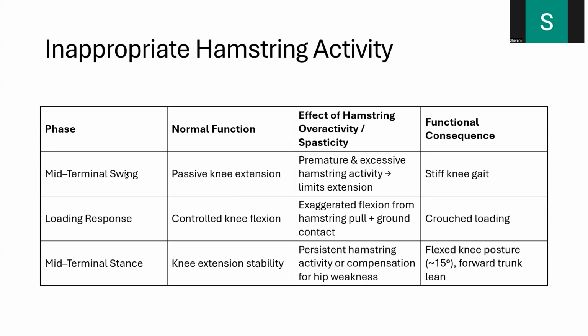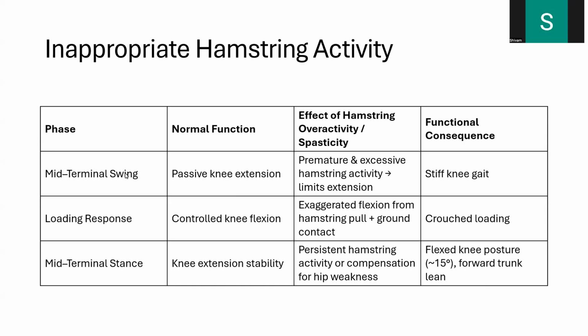In mid and terminal stance, two possible mechanisms explain stance phase flexion. One is the primitive extensor pattern, where the hamstrings remain abnormally active as a part of mass extensor synergy, and the functional compensation is the forward lean of the trunk.